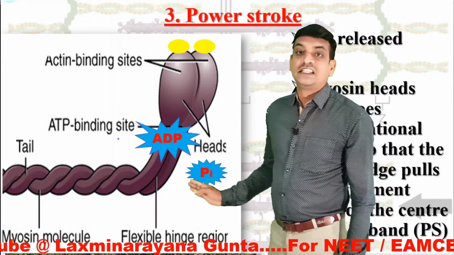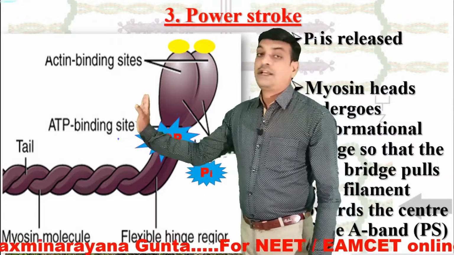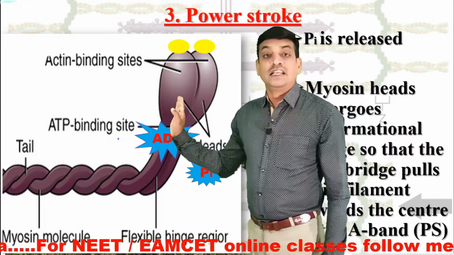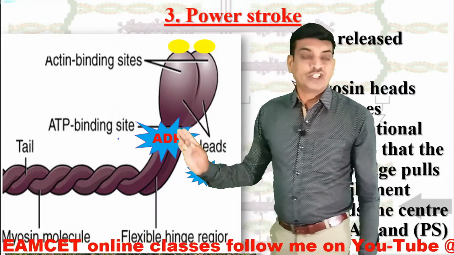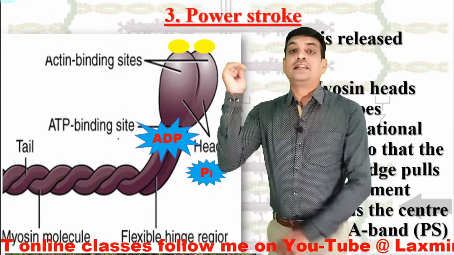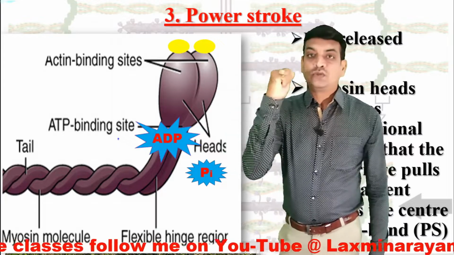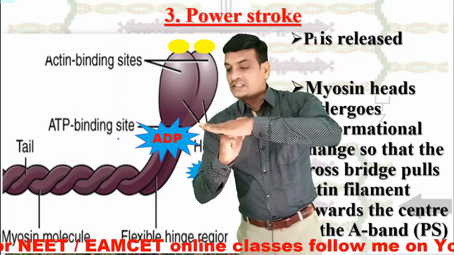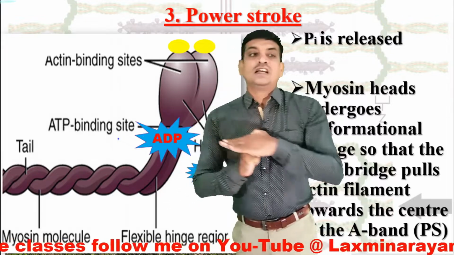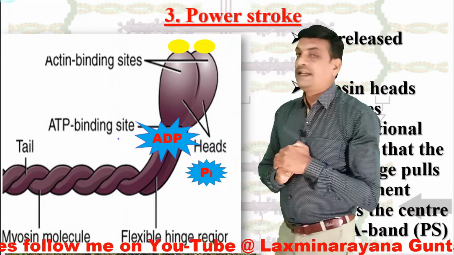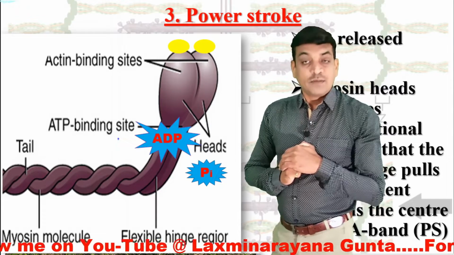This energy is utilized by the myosin heads. Thereby, these myosin heads undergo conformational changes so that they can bind with the active sites, so that these cross bridges pull the actin filaments towards the center of the A band. This is called the power stroke.